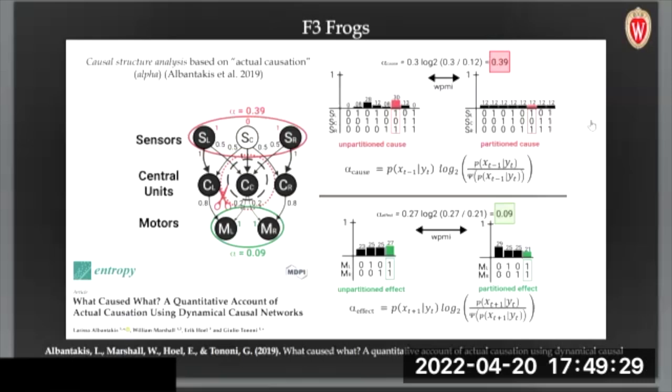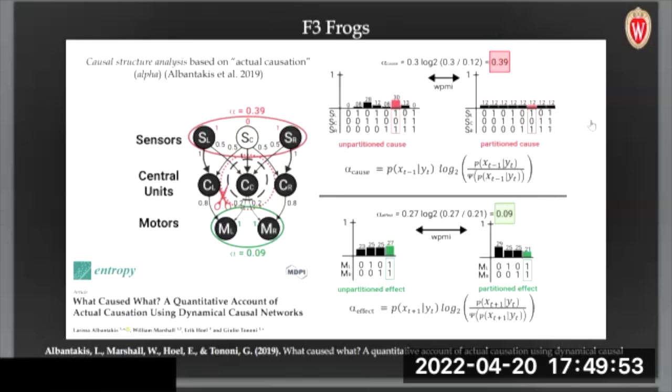And we can basically show that if we were to partition the central node of this system, CC, we would be changing the information that is specified about the state of the inputs, by changing the probability distribution that the state of the node allows us to map onto the state of the inputs.